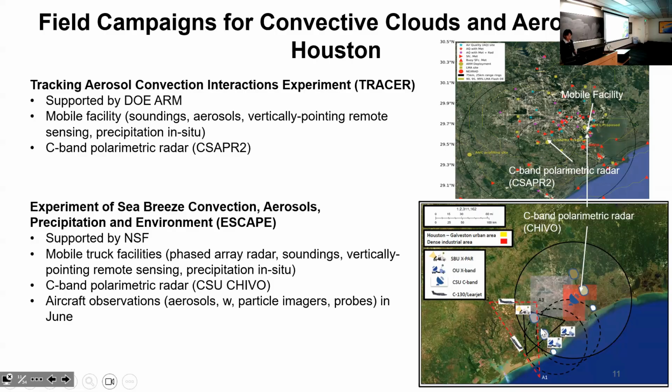We deployed not only here, but also at several locations based on the convective cells. The facility includes phased array radar, soundings, vertically pointing remote sensing measurements, radar and lidars, and precipitation particle measurements as well. We also deployed another C-band polarimetric radar from CSU at the same location as the DOE mobile facility here.